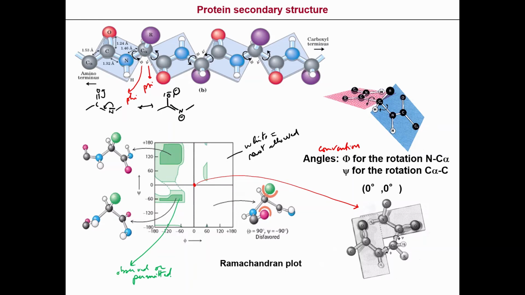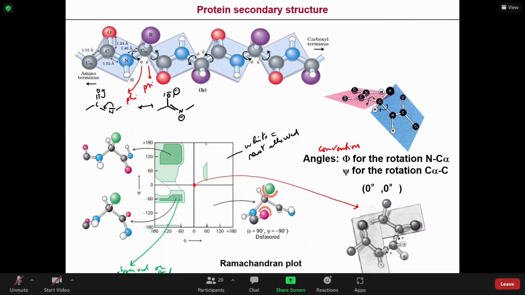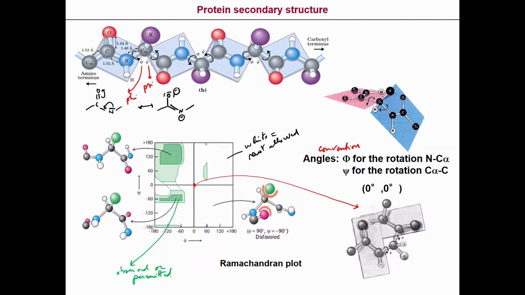Oh, it's because you have a steric constraint. Okay. So it means that you will have van der Waals.